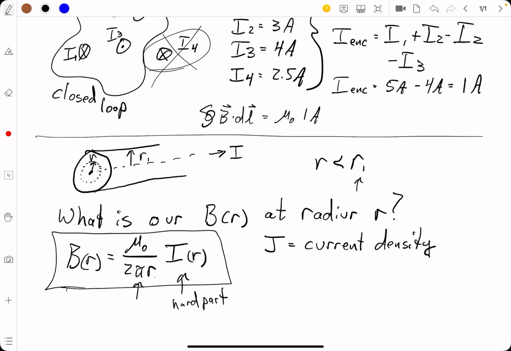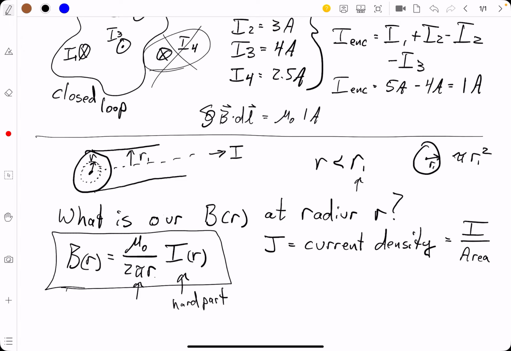All right, current density, what does that mean? That is our current divided by the area through which the current is going. So what's the area? The total area is pi R1 squared. Okay, that's our total area.